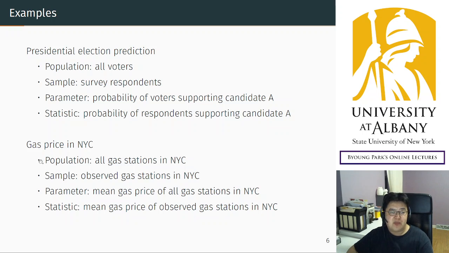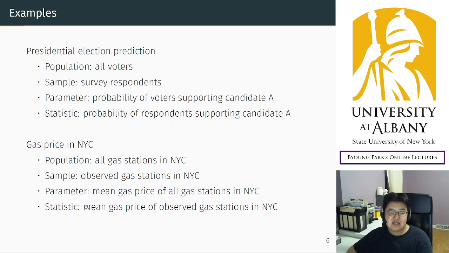And based on that population and sample, I will define the parameter, what we want to know, as the mean gas price of all gas stations in New York City. So it is a mean about the population, therefore it is a parameter. This is what you want to know.